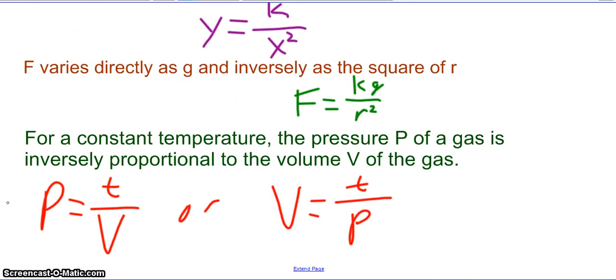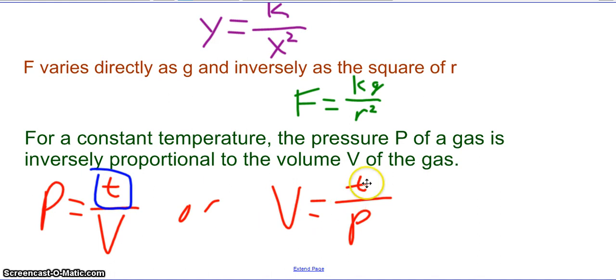Here, for a constant temperature, the pressure P of a gas is inversely proportional to the volume V of the gas. So based on the way that this sentence is written, you would probably want to write P equals little t over V, where little t is the constant now. So I switched up instead of using k, and you don't always have to use k. K is just kind of the standard. But in this case, since we're talking about temperature, I can use little t if I want instead.